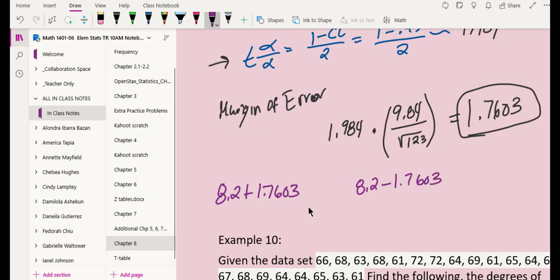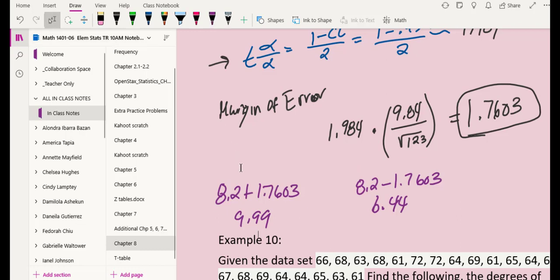And when we add that together, this one will give us a 6.44, and this one will give us a 9.99, and Miss Parker just has it swapped around.